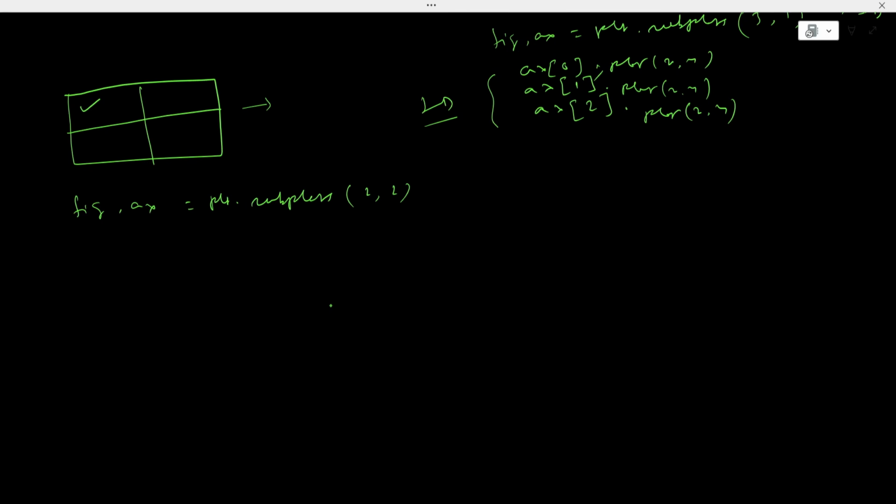Always remember this is also 0, 1, and this is also 0, 1. So what is the position for this axis? That is 0, 0. This is my 0, 1. This is my 1, 0.